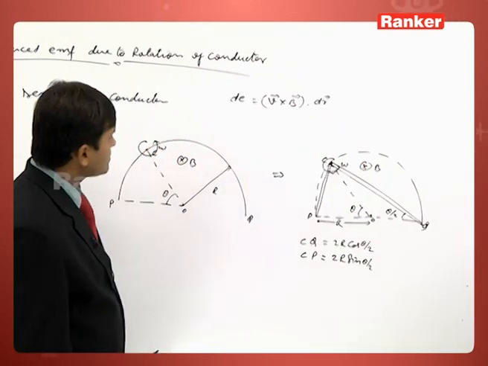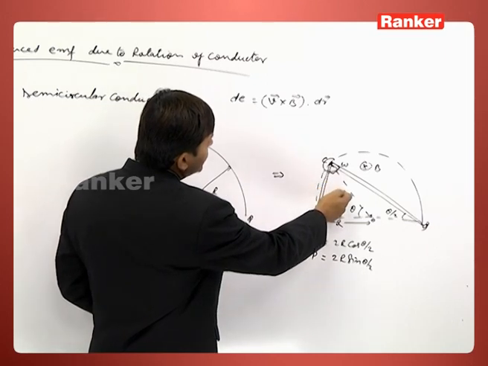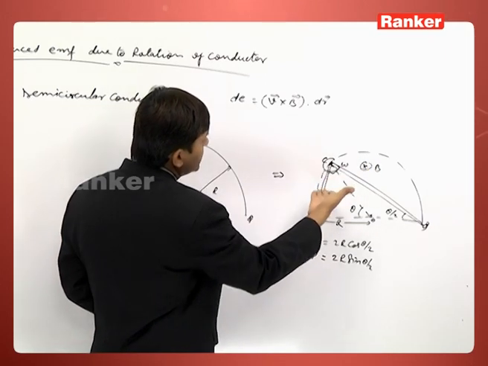Same relation we can use. As the velocity is in this direction, the magnetic field is inward.